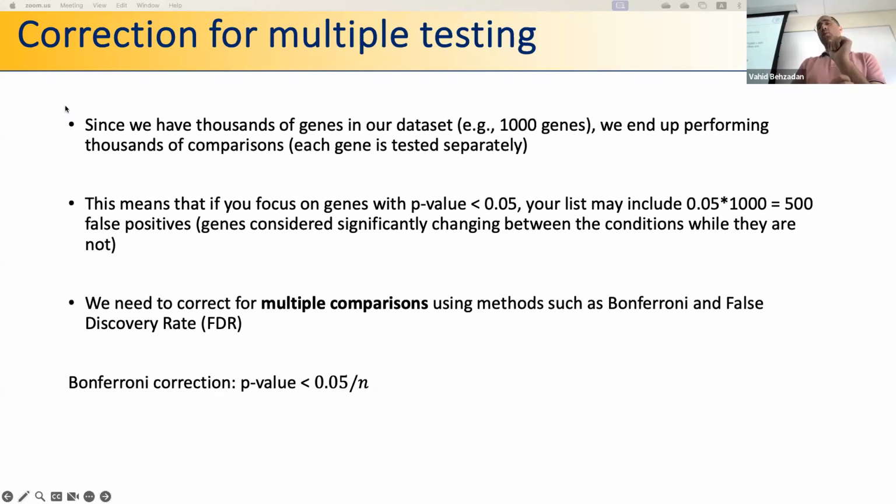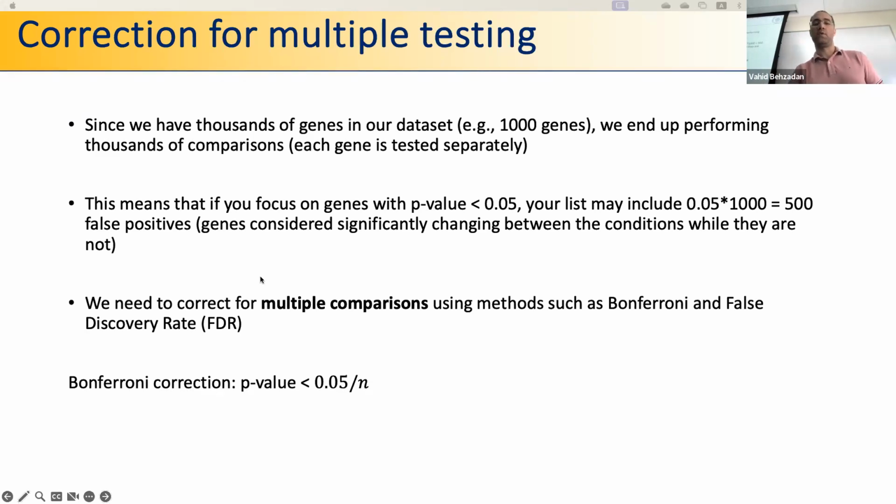In biology, as we said, we have thousands of genes, so you perform thousands of comparisons, right? For the same gene between normal and disease, or a comparison between cluster 1 and cluster 2. So you perform thousands of comparisons and you need to correct for multiple testing.